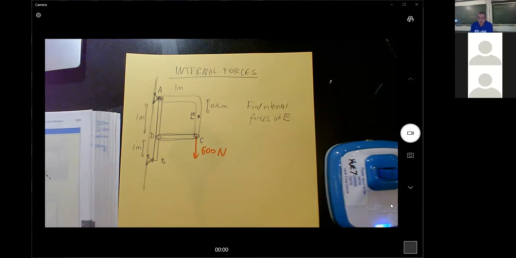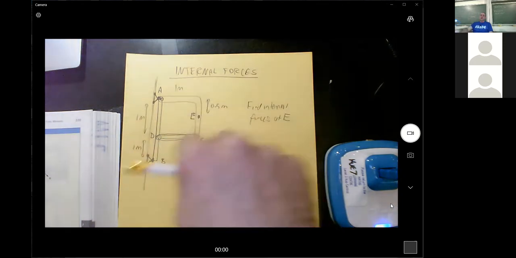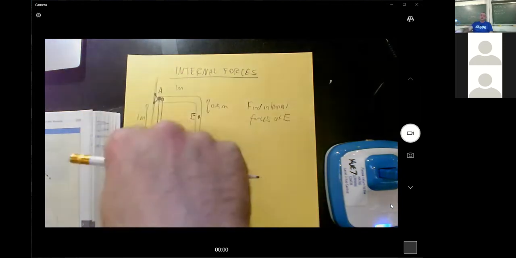Just going to read the solution I've got here. Okay. Right. So there's a lot going on here. There is a force pulling down here. These two are connected together, and these are connected here, and these are connected here.